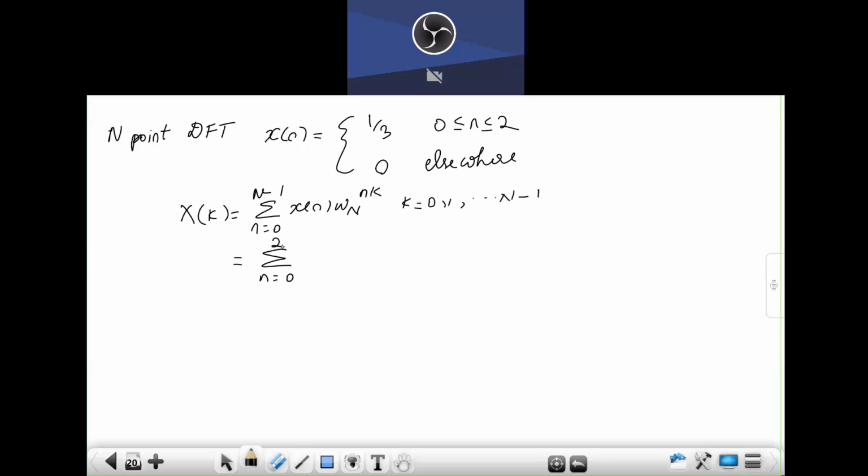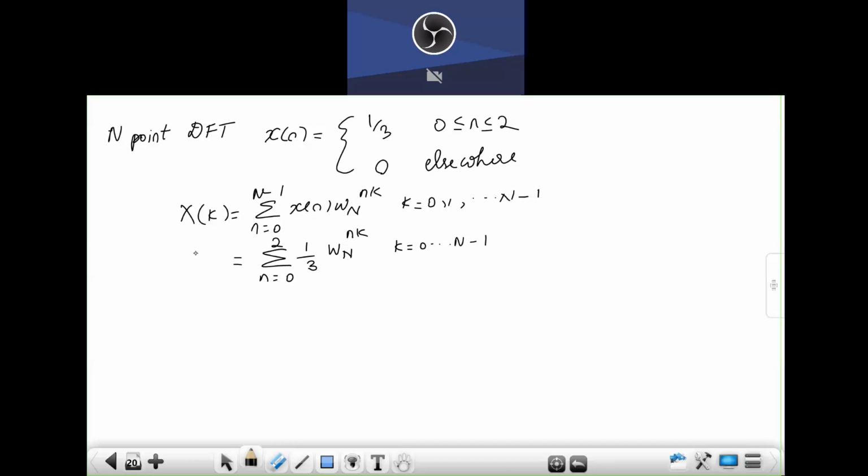Is it not? So x of n is nothing but 1 by 3, W_N power nk, k varies from 0 to N minus 1.